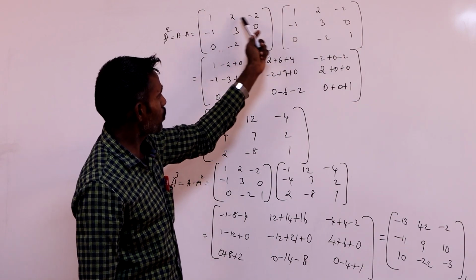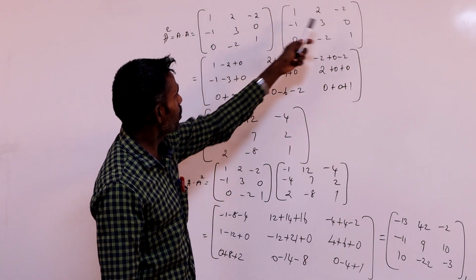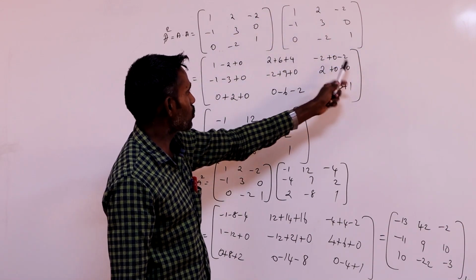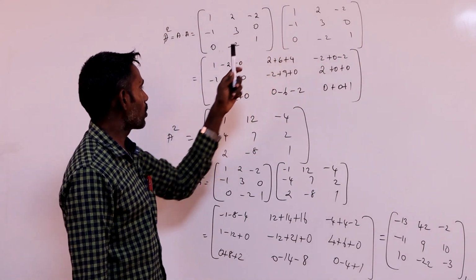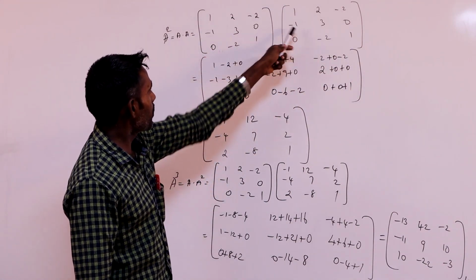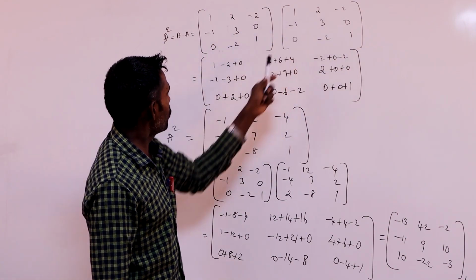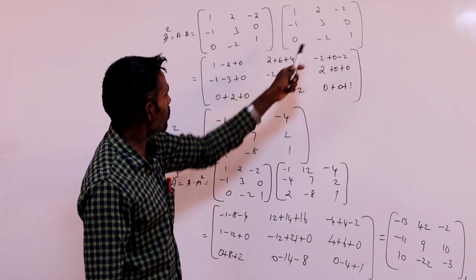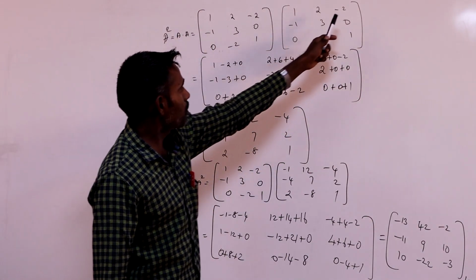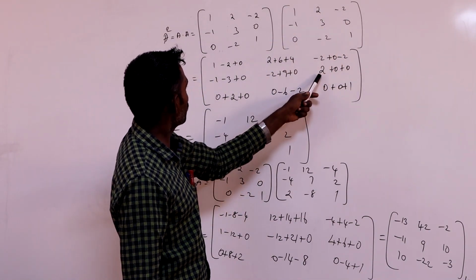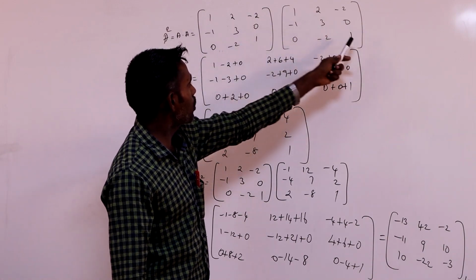First row into third column: 1 into minus 2, 2 into 0, 0, minus 2 into 1, minus 2. Second row into first column: minus 1, minus 3, 0 into 0, 0, minus 1 into 2, minus 2, 3 into 3, 9, 0 into minus 2, 0, minus 1 into the third column, minus 2. So minus 1 into minus 2 plus 2, 3 into 0, 0, 0 into 1 is 0.